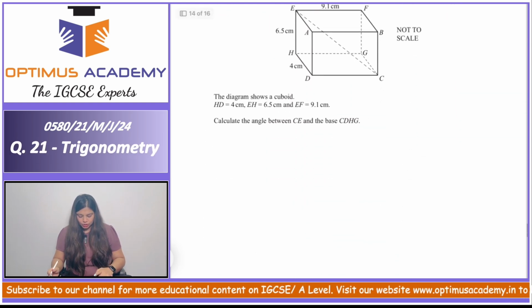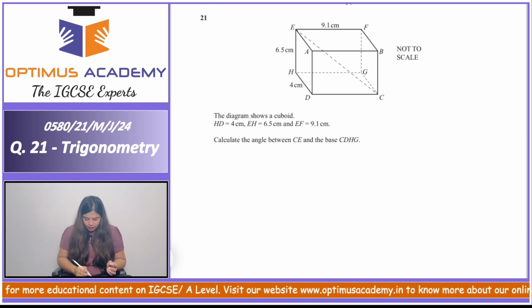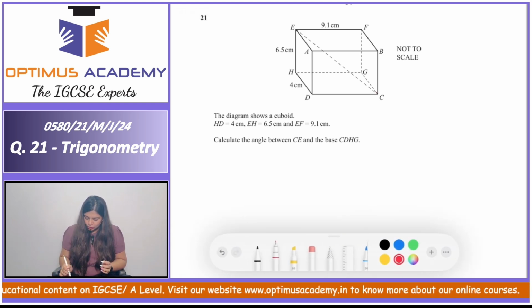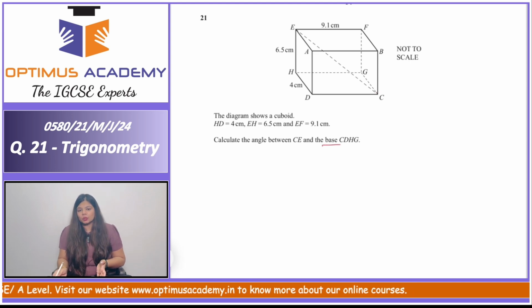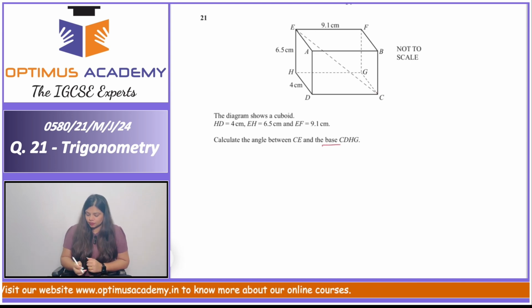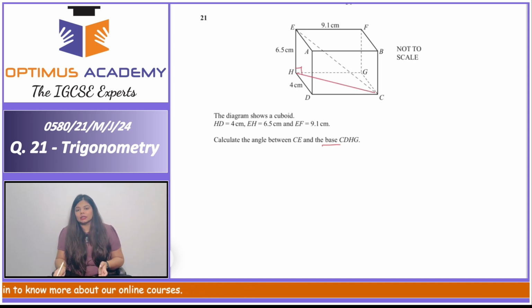Next question, question 21 is from trigonometry 3D shapes. Here they are asking us to find the angle between CE and the base. When they say base, we will consider the diagonal of the base, that is CH over here, where 90 is formed at angle EHC.